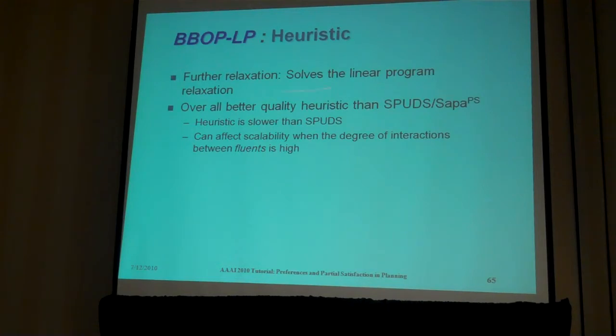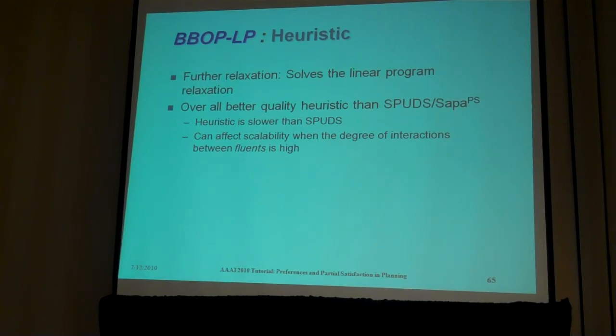So this solves the linear program relaxation of the integer program version of this problem. And it turns out the heuristic is overall better quality than SPUDS and SAPA PS. But the heuristic is slower than SPUDS because you're encoding an entire relaxed problem as an IP.